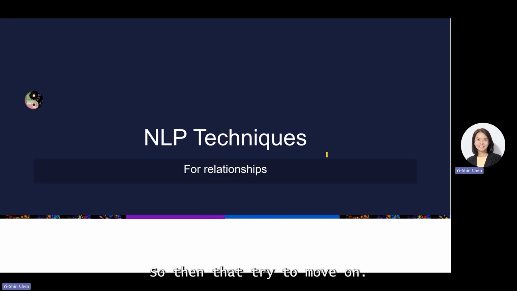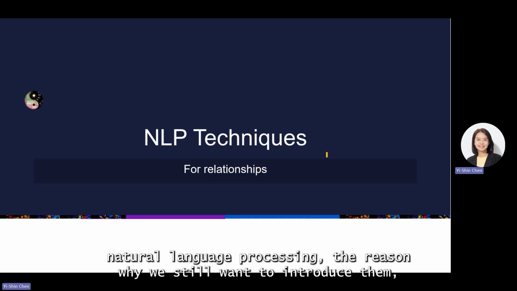Okay, let's move on. The part we want to talk about covers some techniques utilized by traditional natural language processing.